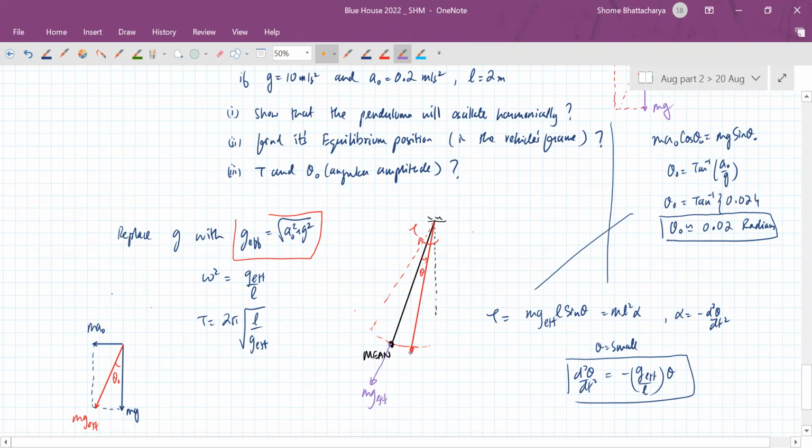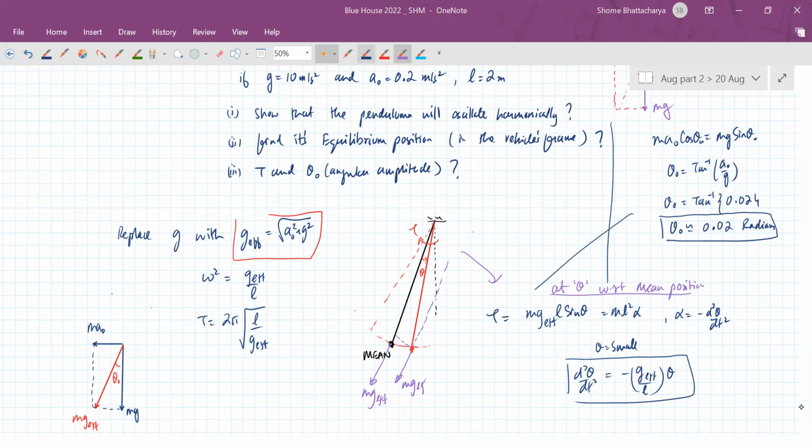But at this position, it's acting like this now, so it has a moment arm. Is it clear now? So at theta with respect to the mean position, this is your restoring torque. Very good. Just try and complete this question yourself.